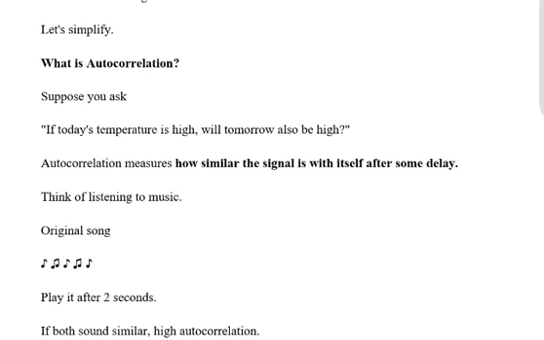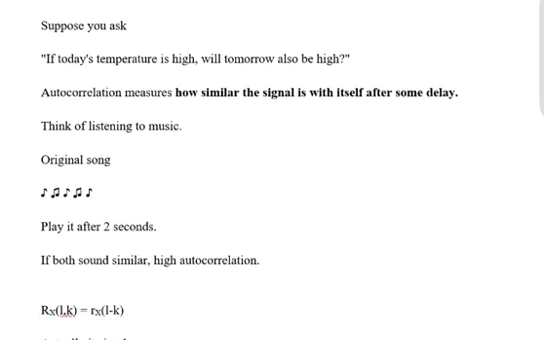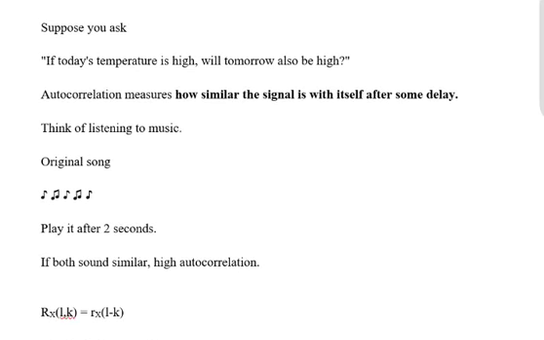We define how similar the two signals are even after some delay. Since I'm going to measure the similarity between two same signals, that is what we call the autocorrelation. If both the sounds or music are similar, then the autocorrelation will be high.